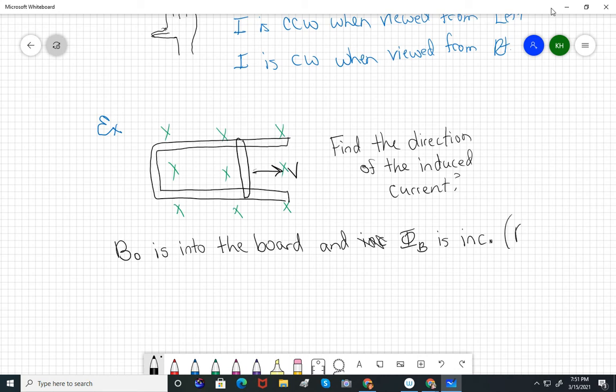Because the area is increasing. Remember, the magnetic flux is the product of the magnetic field strength times the area. In this case, they're perpendicular, so it's really easy. So if the area is increasing, then the flux through the loop is increasing. So if B0 is into the board, that tells me, since it's increasing into the board, BI is out of the board.